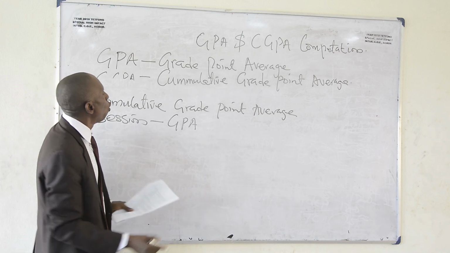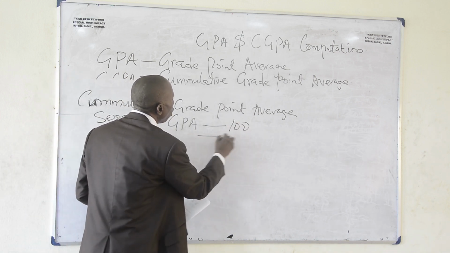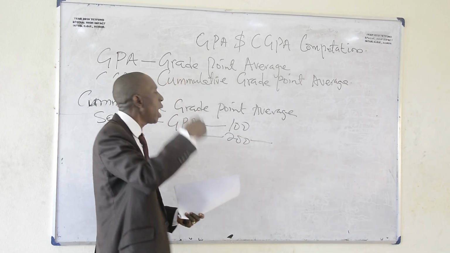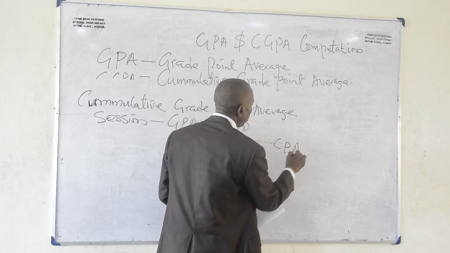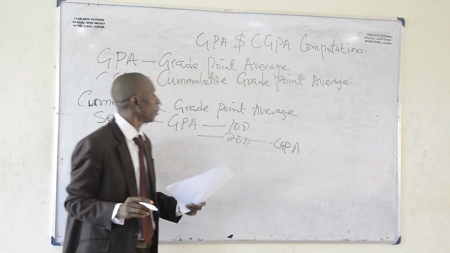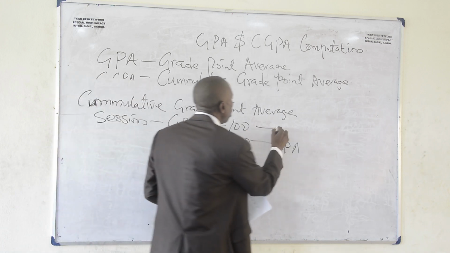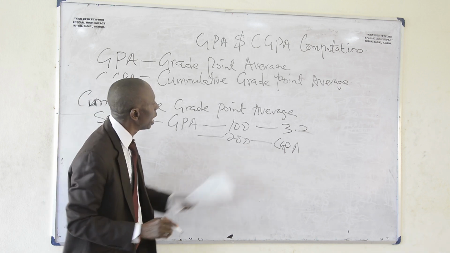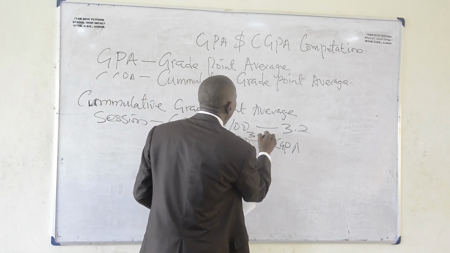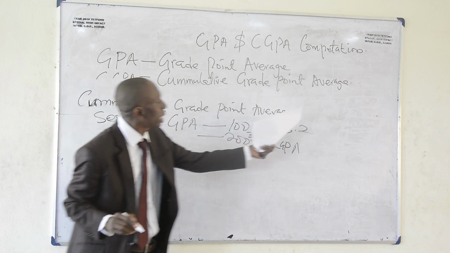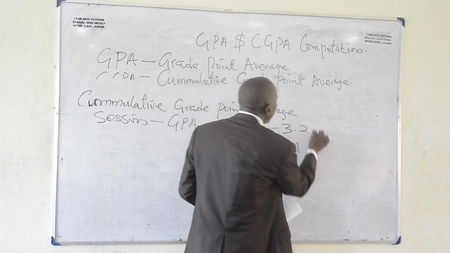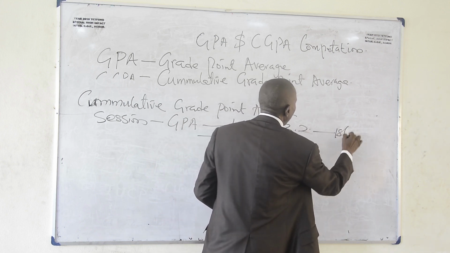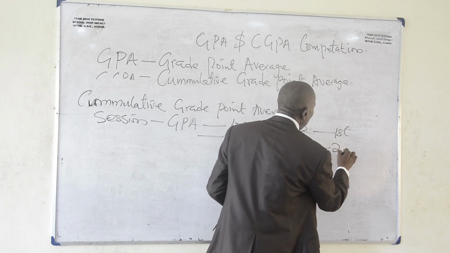So for a student who has studied 100 level and goes to 200 level, you'll be talking about your GPA as well as your CGPA. Your 100 level, your GPA will be 3.2. In your 200 level, your GPA will be 3.6. But your cumulative GPA will be the average of your first year and your second year.